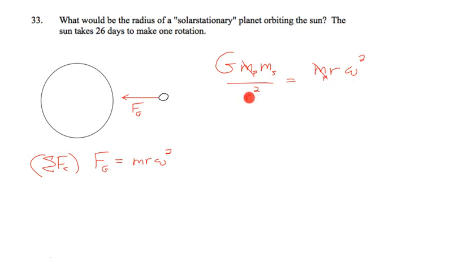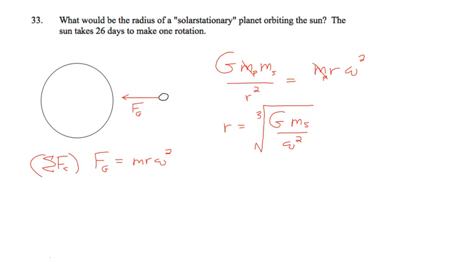So in one step, r cubed would equal G times the mass of the sun divided by omega squared. I need to take the cube root to get the r.